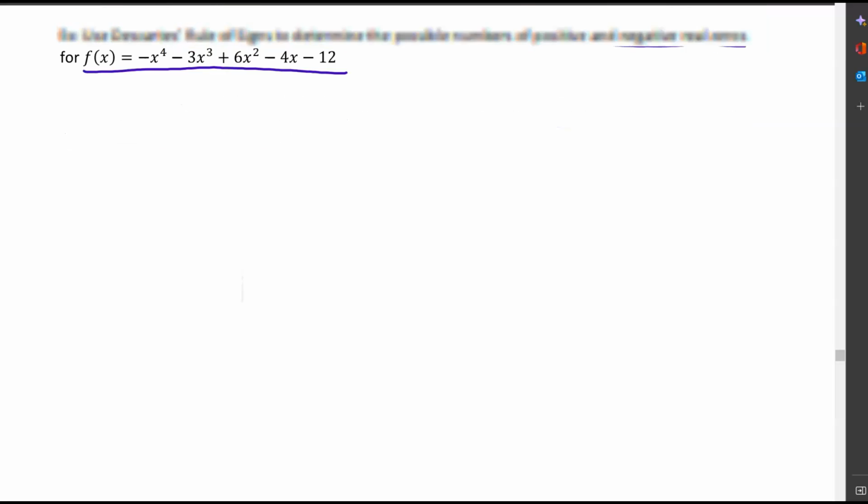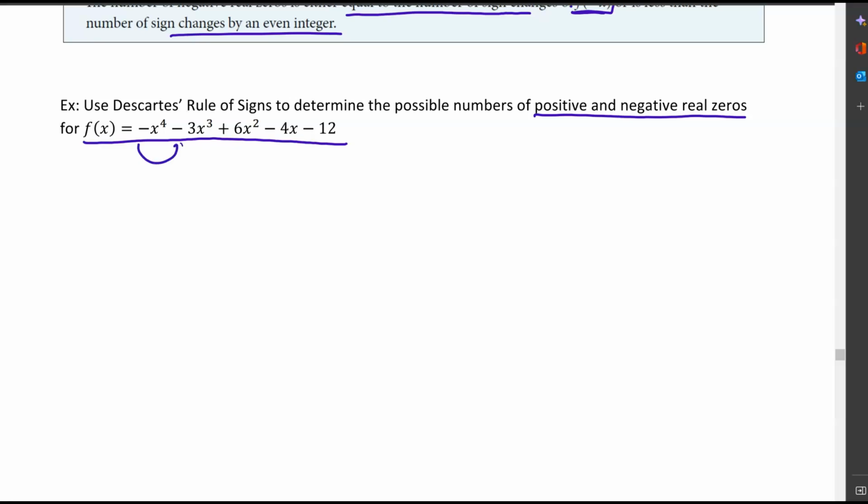From this value to this value, there are no sign changes. But from this value to this value, there's one sign change. From here to here, there's another sign change. So that's our second sign change. And then from here to here, there's no sign change. So that's 2.